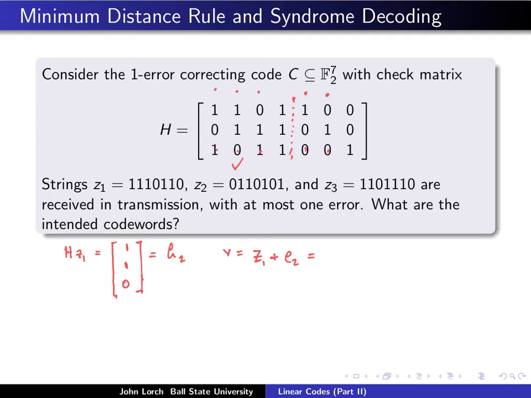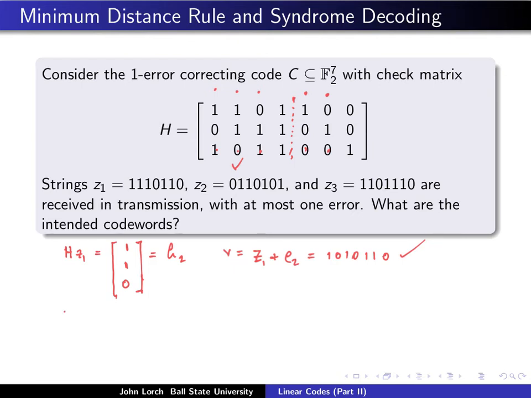So that means the result is obtained by just changing the second slot of Z1 and nothing else. Okay, so that was the intended code word, and we're sure of it.